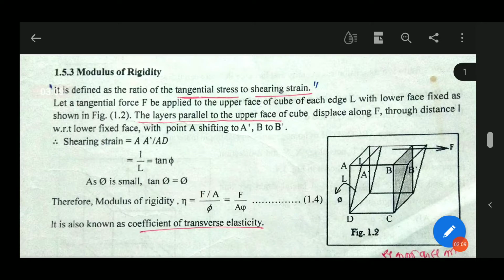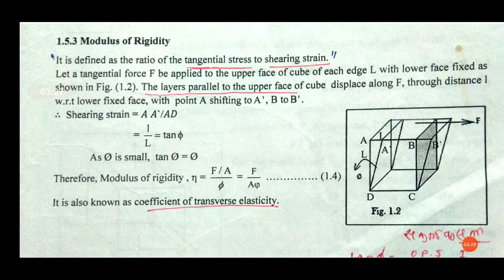When we apply a force, the upper surface is displaced along the direction of force. So point A of the upper surface is displaced to A dash, and point B is displaced to B dash. Therefore shearing strain is equal to small l upon capital L, and it is nothing but tan phi.